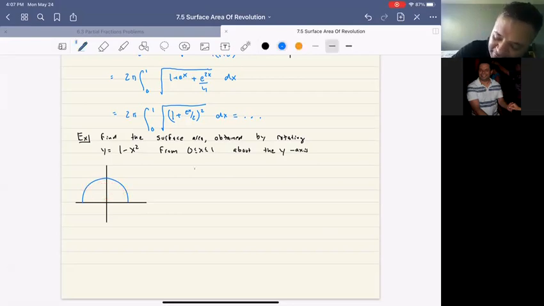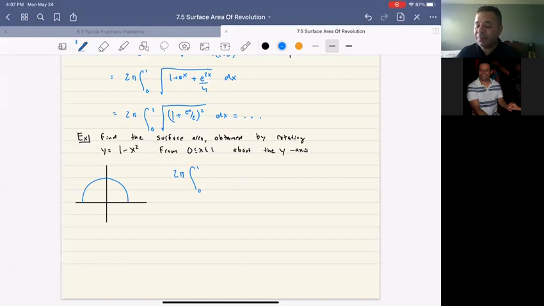Okay, we're going to set the integral up. We can still do the integral in x, even though we've changed the orientation of the problem. It's one of the nice things about these problems. So from 0 to 1.